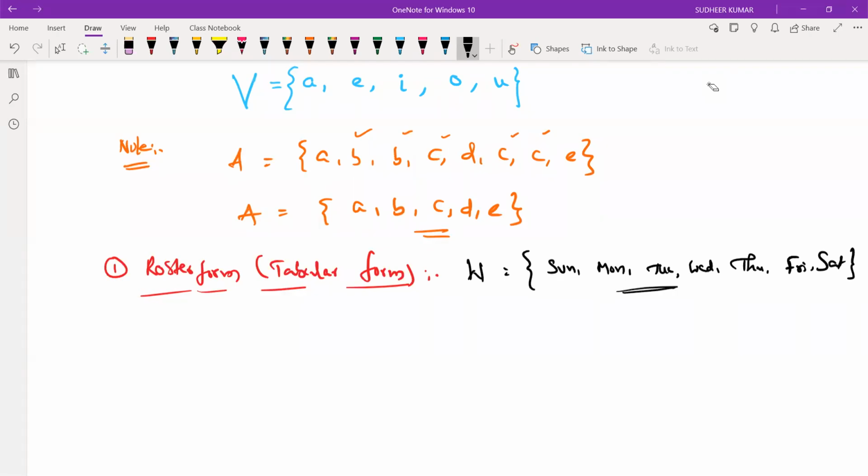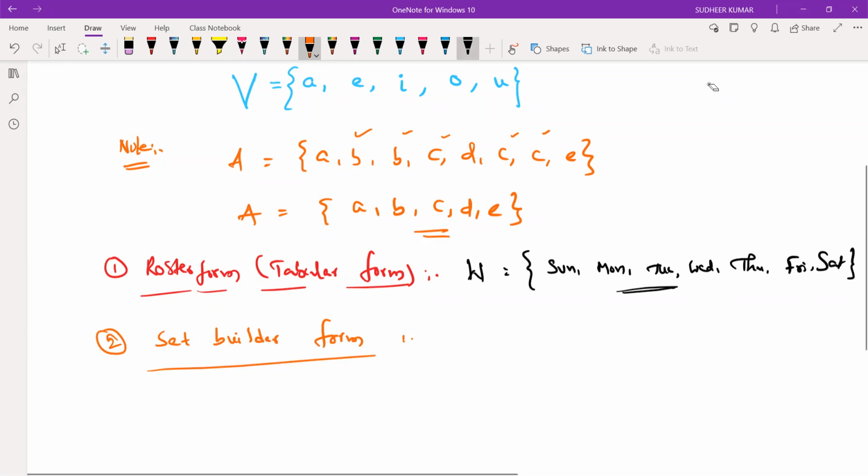So we have another form. The other one is set builder form. What is the set builder form? Here we will use one rule, which is to analyze the given elements of the set. Suppose here, days in a week.